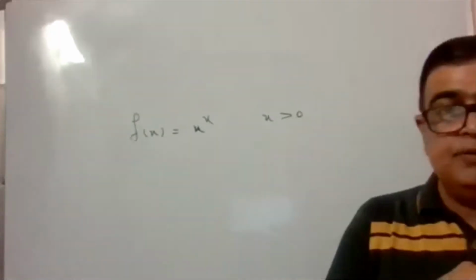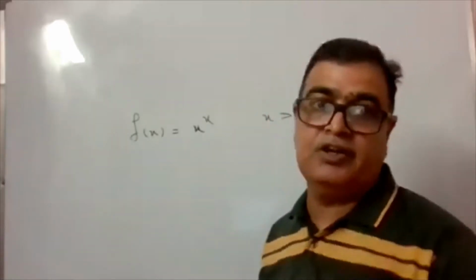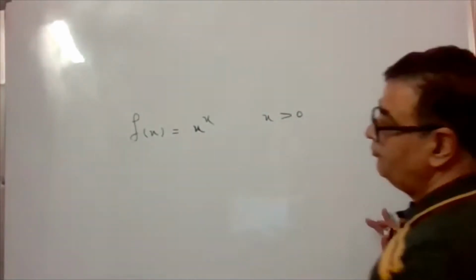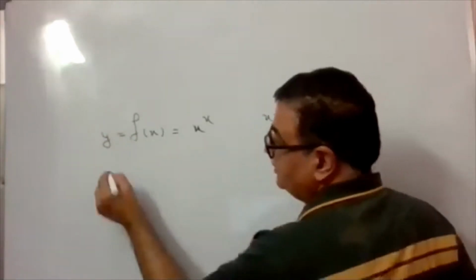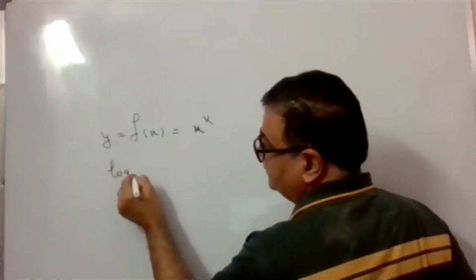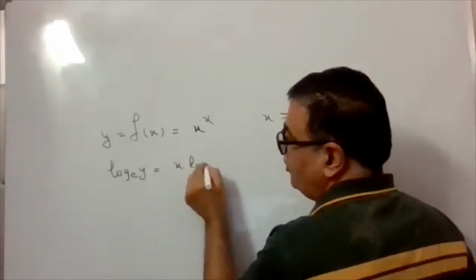So first thing, we will be taking log on both sides, and then we will differentiate, and after that we'll think on the question. First we'll take this as y. Then when you take log of y, it comes out to be x log x.